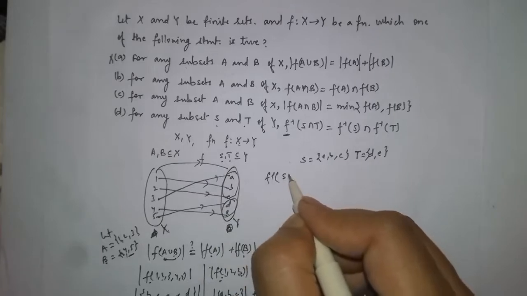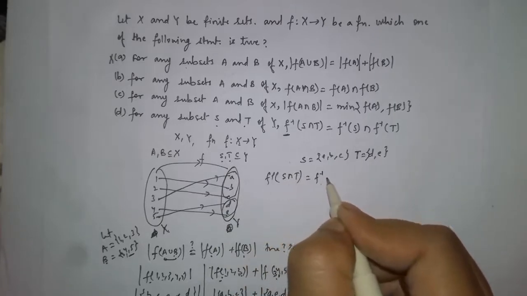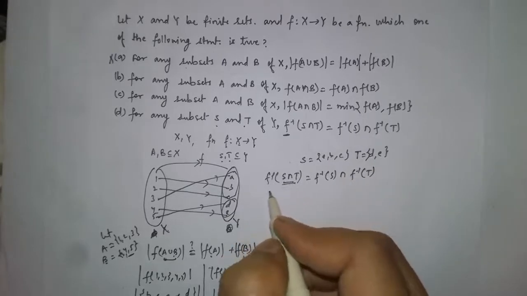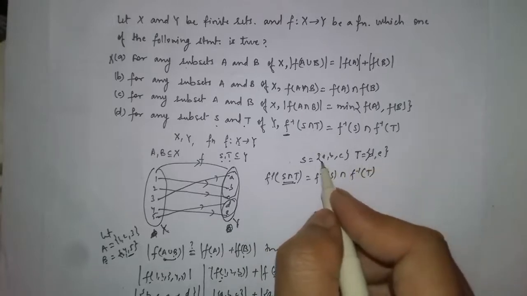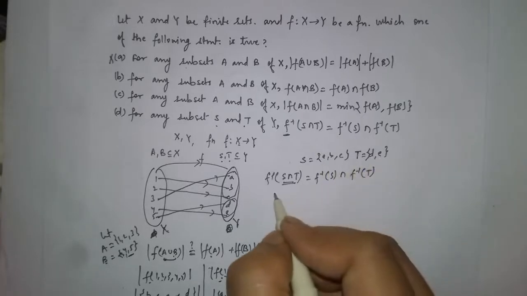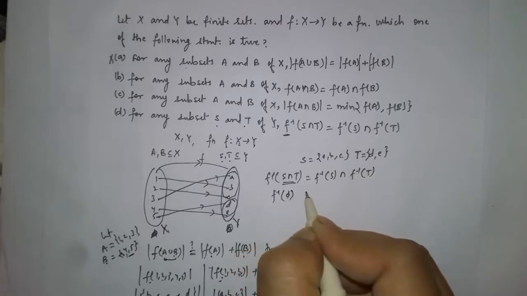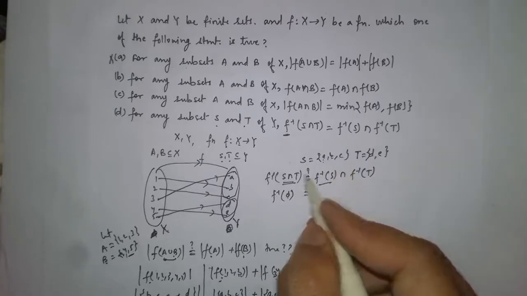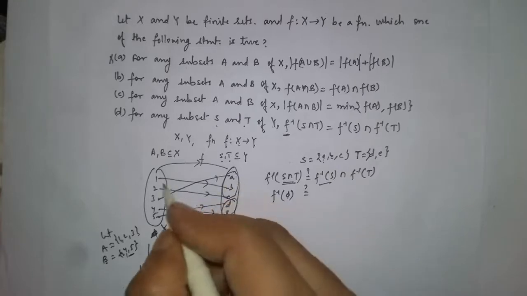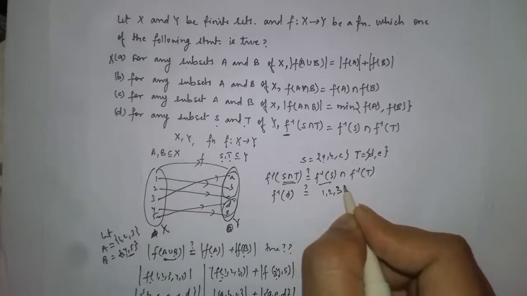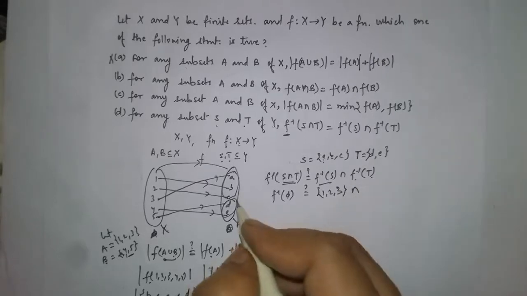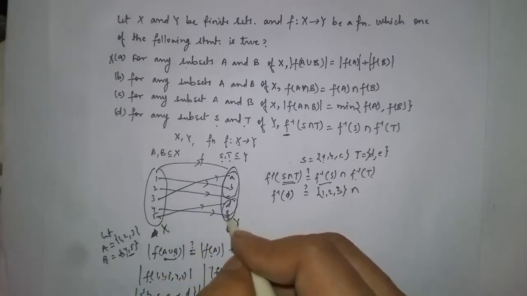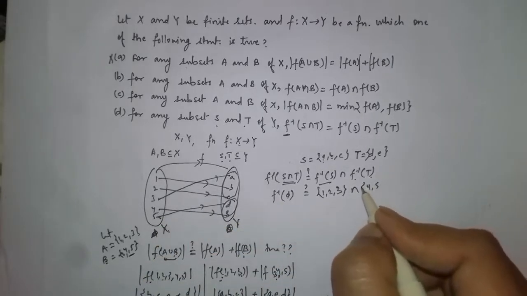So f⁻¹(S ∩ T) should equal f⁻¹(S) ∩ f⁻¹(T). S ∩ T is phi. f⁻¹(S), that is f⁻¹({a, b, c}), is {1, 2, 3}, intersection f⁻¹(T), where f⁻¹(d) is 4 and f⁻¹(e) is 5.